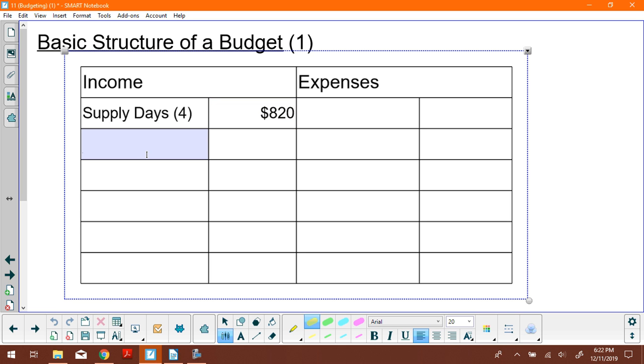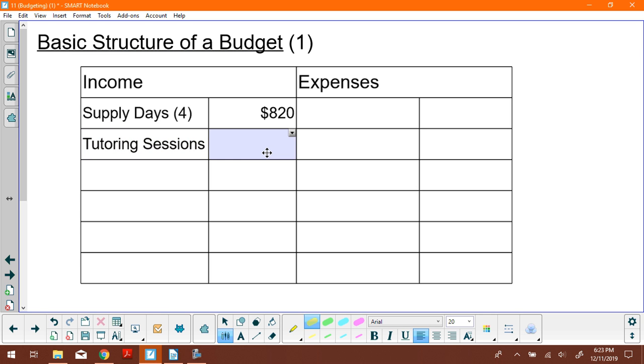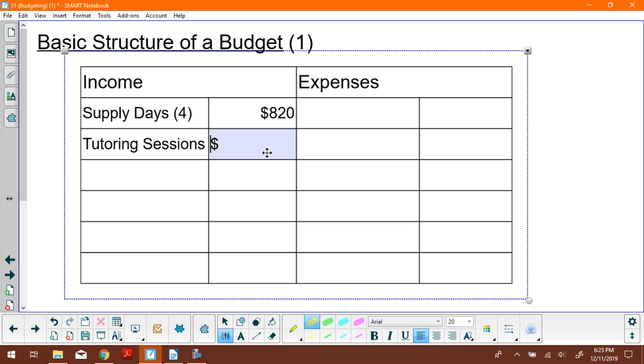I also did some tutoring, so tutoring sessions, and let's say that brought me in $125. So there's my income in that stretch. And at the bottom, I'll put down the total. So my total income in this stretch is $945.